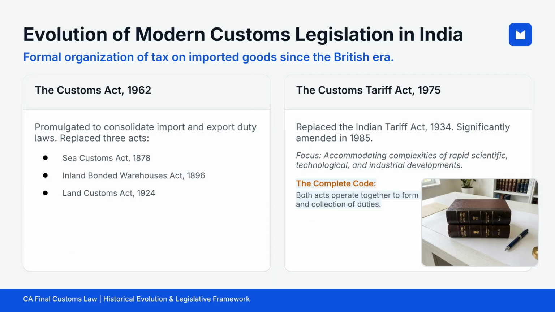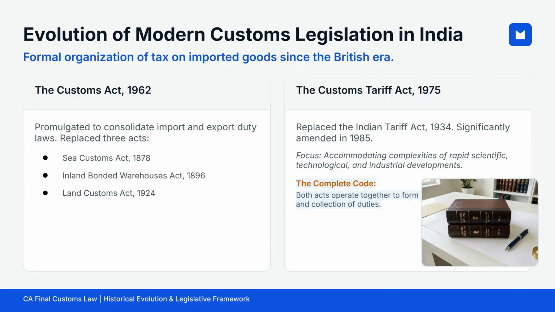The modern customs framework in India developed during the British era, when taxation on imported goods became formally organized through legislation. A major milestone came with the Customs Act 1962, which consolidated customs laws and replaced the Sea Customs Act, Inland Bonded Warehouses Act, and Land Customs Act.